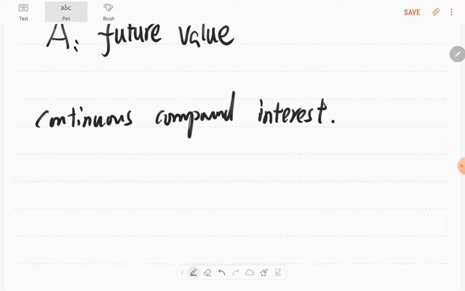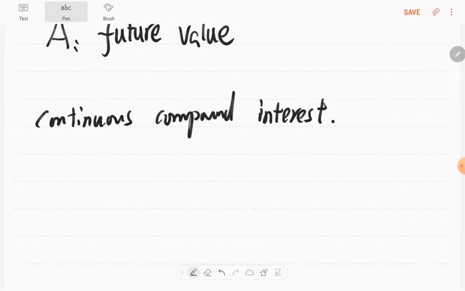So that means the frequency of the compounding is increased infinitely, so that at every instant in time, interest will be calculated and added. Okay, so the interest will be calculated at any time, every instant in time, and then be added to the principal. So this is called continuous compound interest.